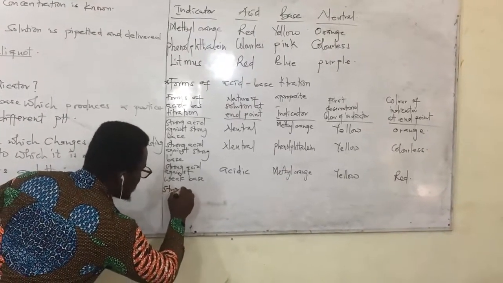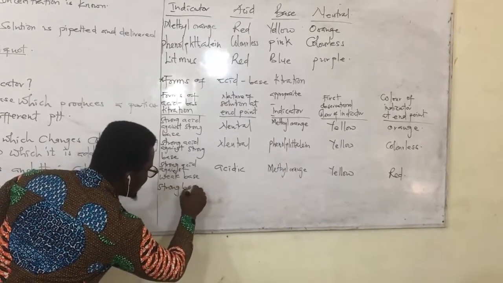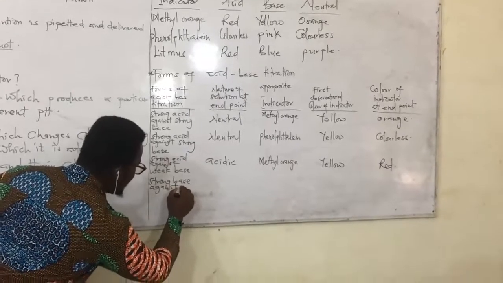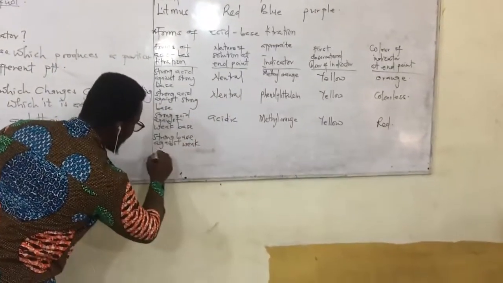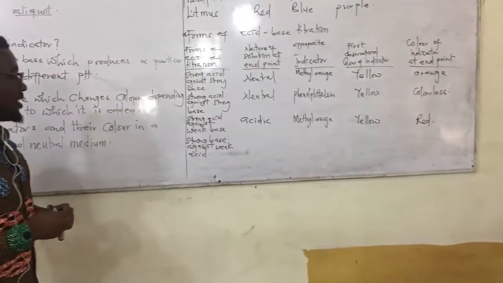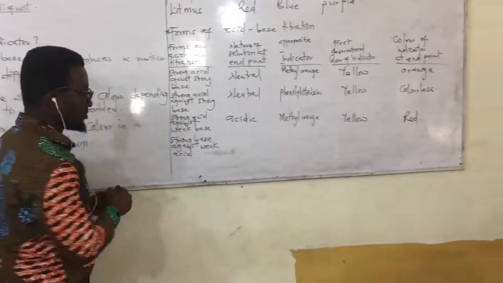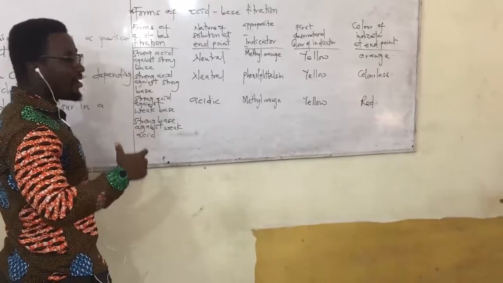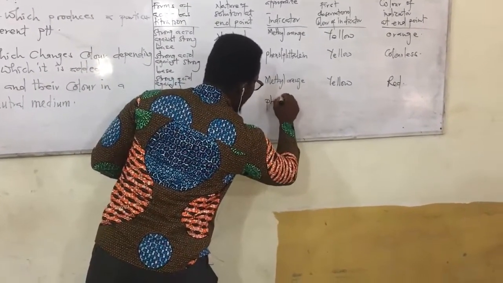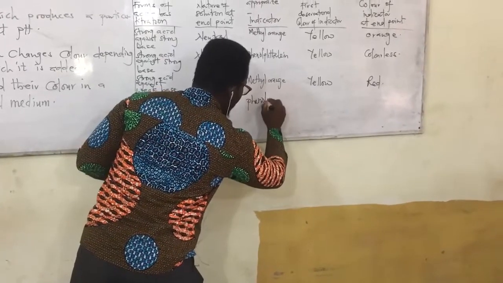Now, strong base against weak acid. The choice of our indicator will be phenolphthalein.